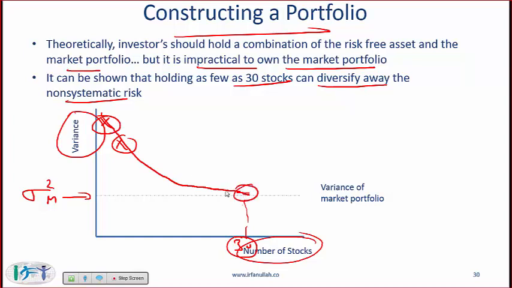Once you come over here, then you are more or less down to the variance of the market. So you have diversified away all the non-systematic risk. After that, as you keep adding more stocks, your risk is lower, but only marginally lower. You can never come below market risk simply by adding more stocks.